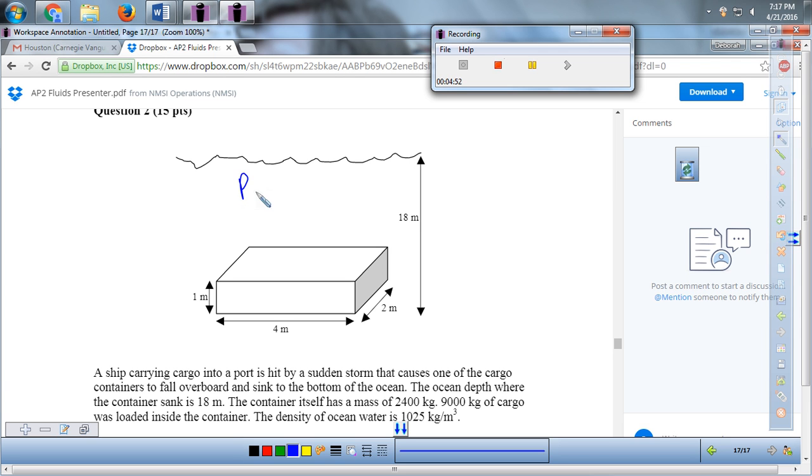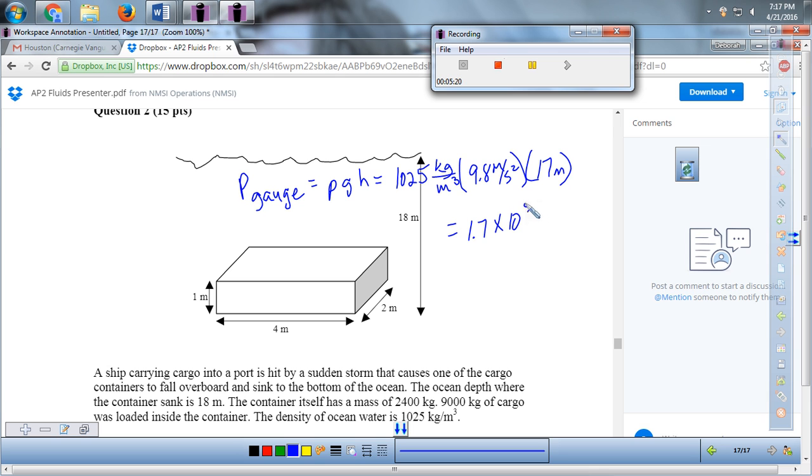Well, gauge pressure ignores atmospheric pressure, so it's just rho g h. Rho is 1025. Gravity is 9.8. And the height is 17 meters. So I got the gauge pressure to be 1.7 times 10 to the 5th pascals.